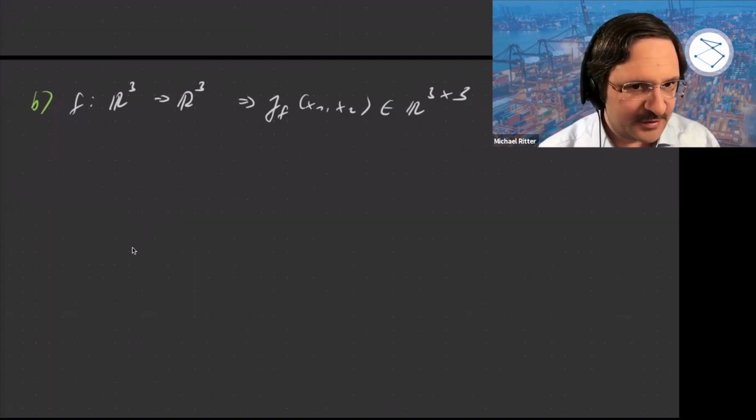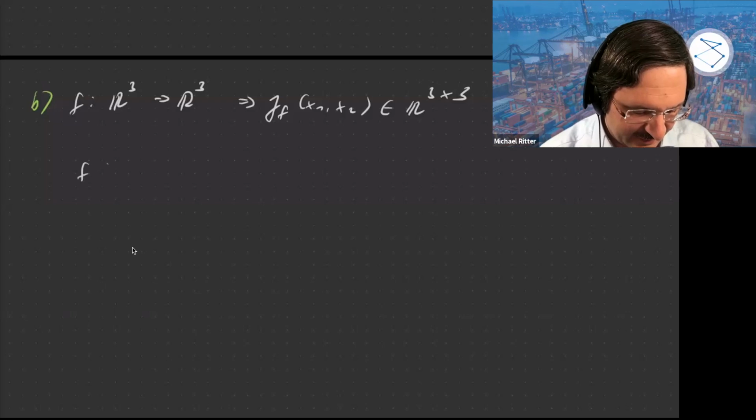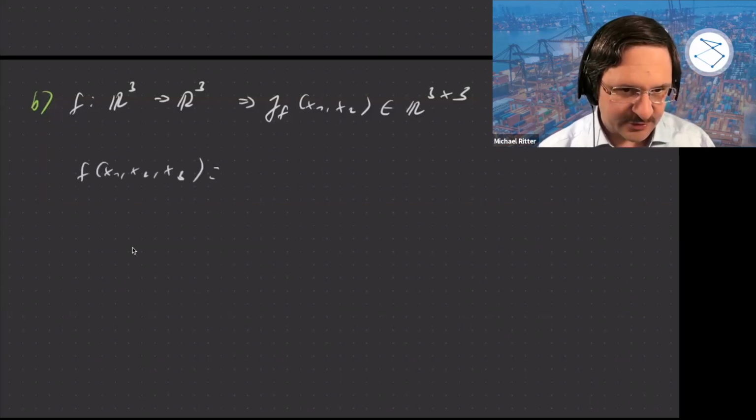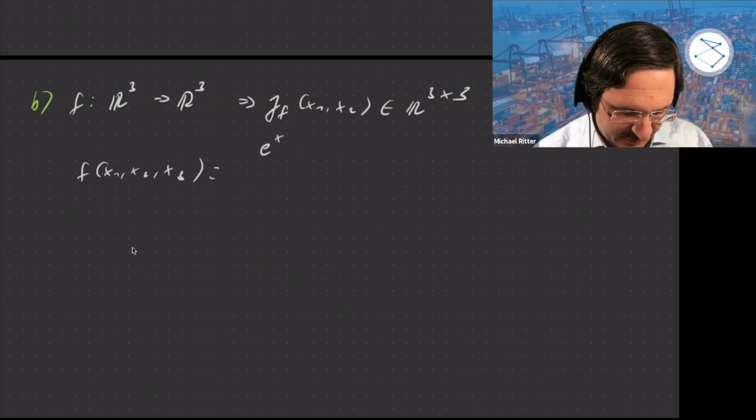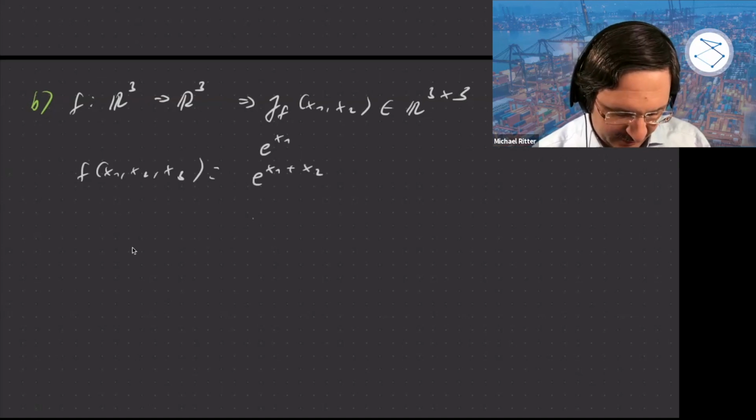And the function is defined as f of x1, x2, x3 is equal to e to the power of x1, e to the power of x1 plus x2, and then e to the power of x1 plus x2 plus x3.